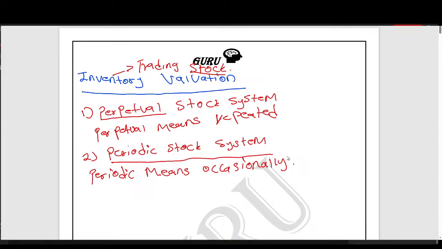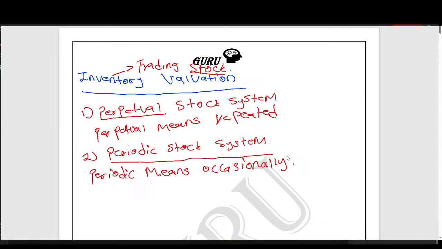So when we talk about the periodic system now, it means that the closing stock, the cost of sales and the value of the closing stock are only calculated occasionally, when required. Let's say we want to prepare the income statement, that is when we are going to take our books where we're recording when the stock is going out and when the stock was coming in.